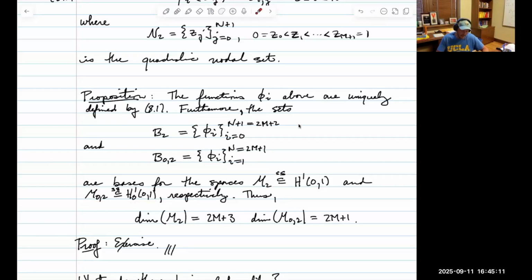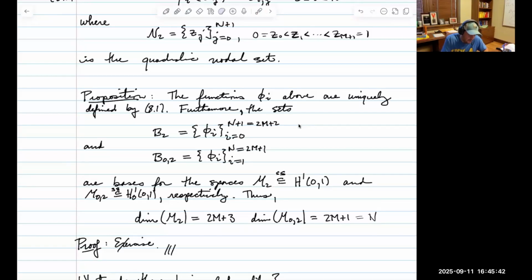So if these are really bases, then that tells us the dimensions of these spaces, right? The dimensions are precisely equal to 2m plus 3 in terms of the number m for this one, and 2m plus 1 for this dimension. So this number here is also just equal to n.